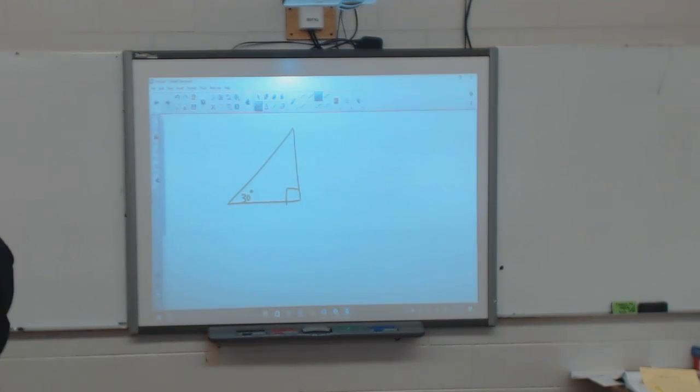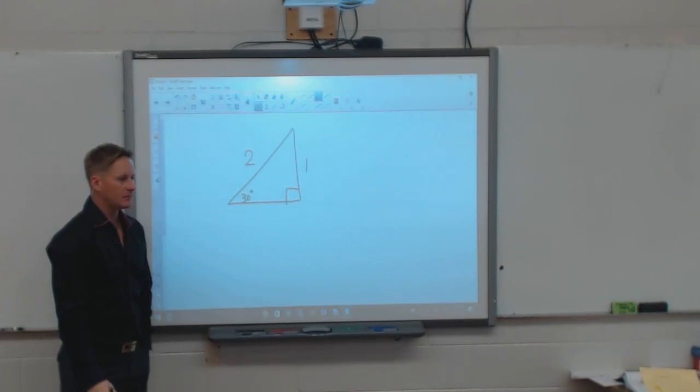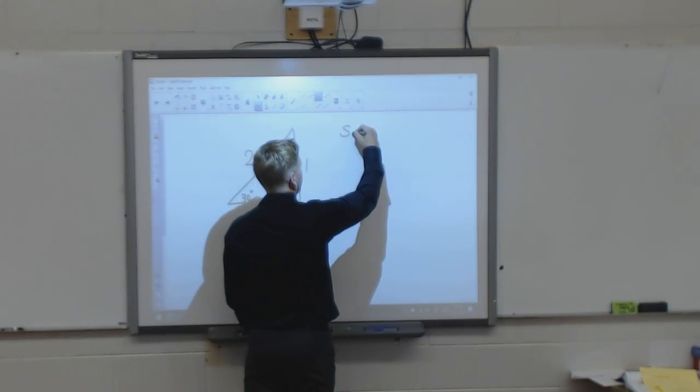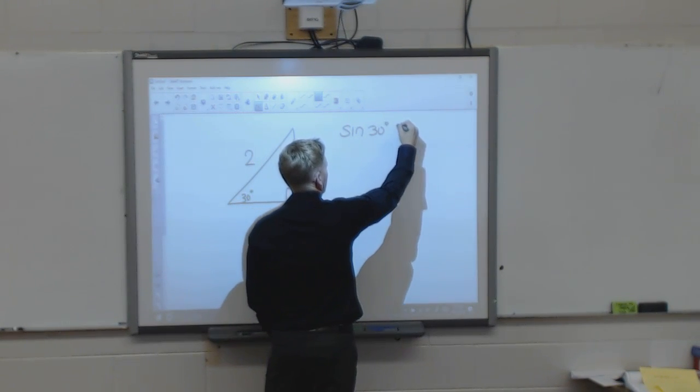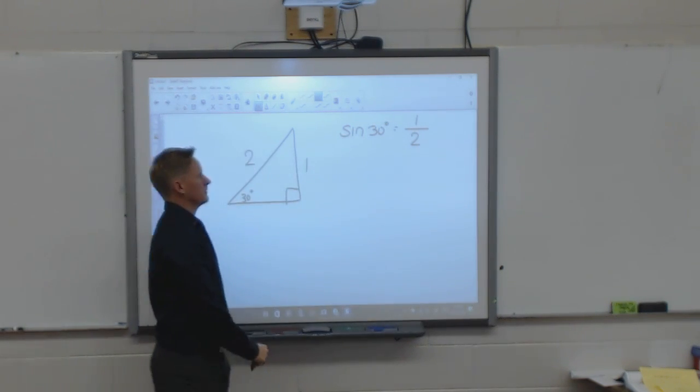I'm asking you what the ratio of the opposite side to the longest side, the hypotenuse, is. 1/2, 0.5, right? So my sine of 30 degrees has a ratio of 1 to 2.